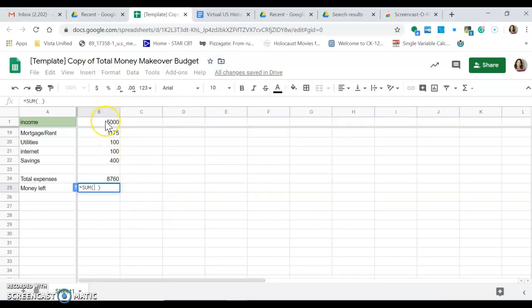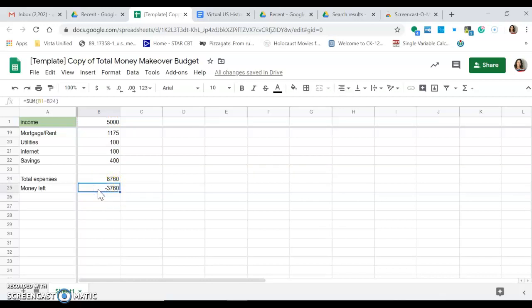So I'm going to take my income, this total amount here, highlight that, and then subtract. And then I'm going to take away my total expenses right here. So I clicked on this cell right here, enter, and I get a negative number.